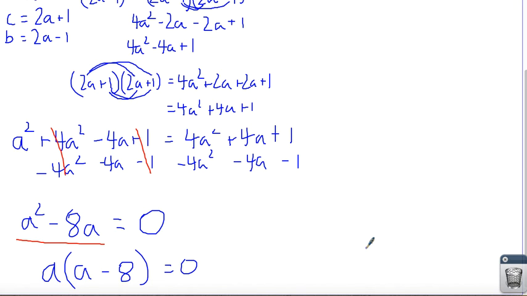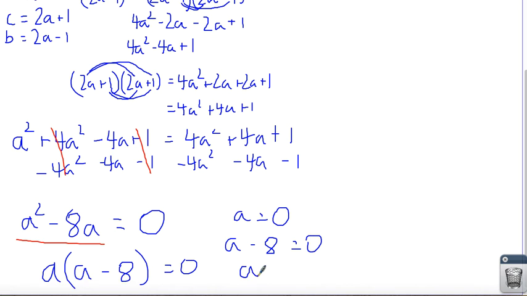And then we can use the zero product property, or split up the two factors. So this means either A is equal to 0 or A minus 8 is equal to 0.